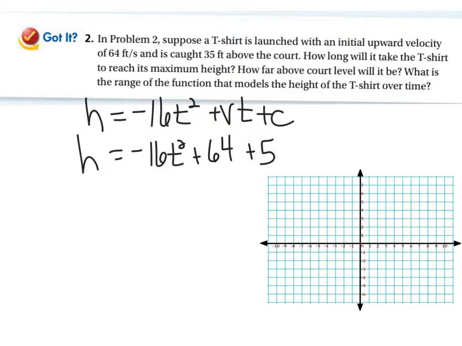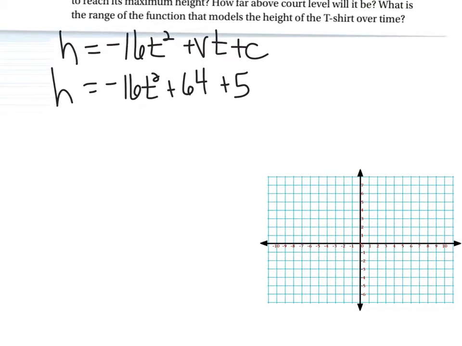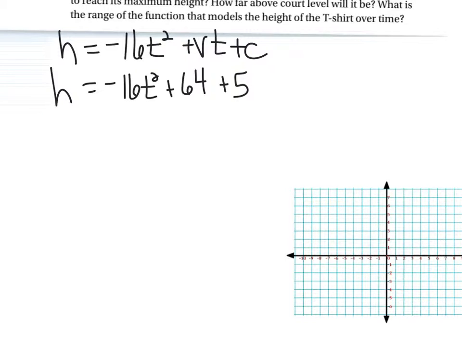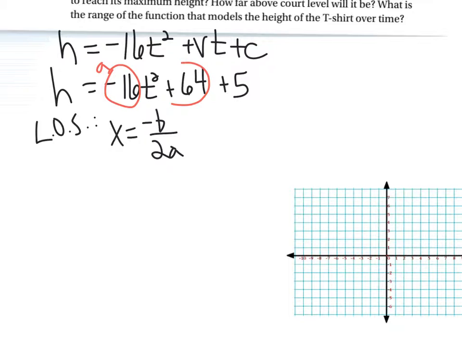So this will be our equation to start with. And then we need to find our line of symmetry, or axis of symmetry. So this will be A, this will be B, and I forgot my t after that on my equation. Sorry about that.